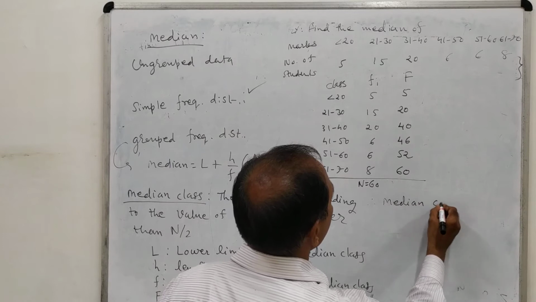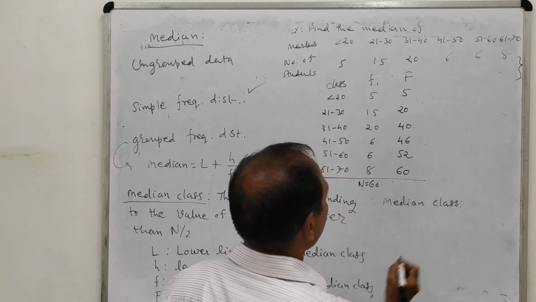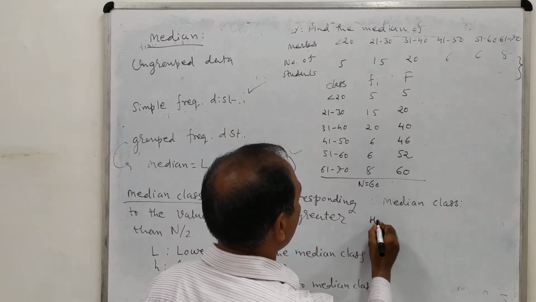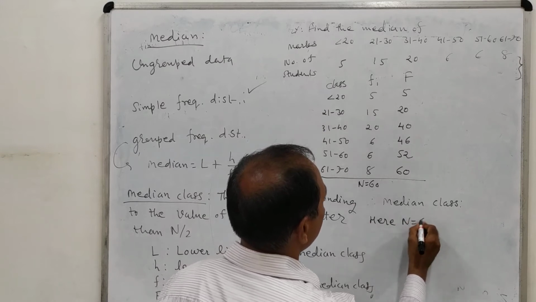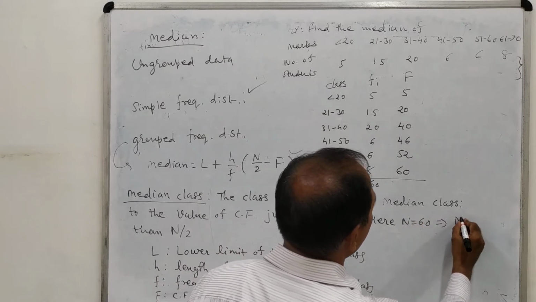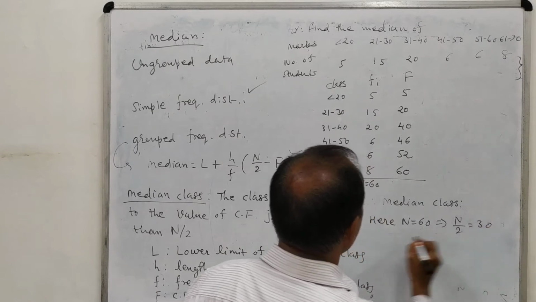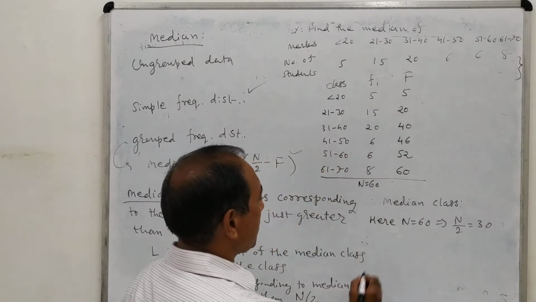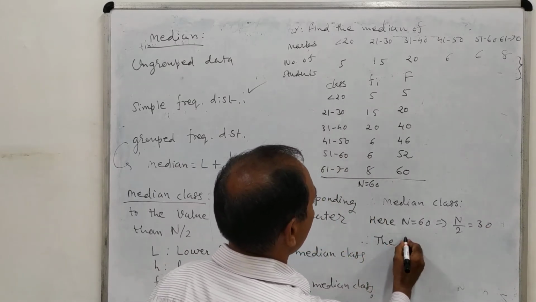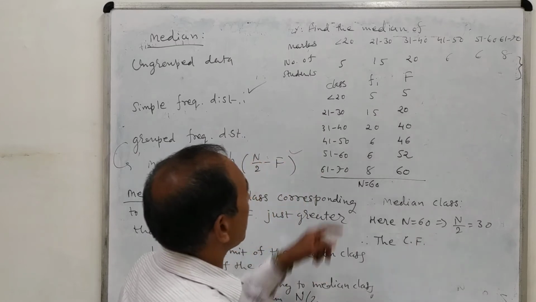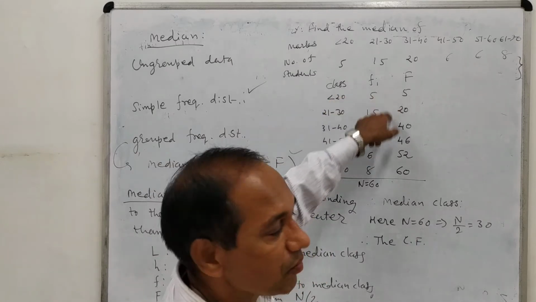So the median class can be obtained by finding, here capital N equal to 60. Therefore, capital N by 2 equal to 30. And therefore, the frequency CF, not the simple frequency, this is the simple frequency, this is the cumulative frequency.